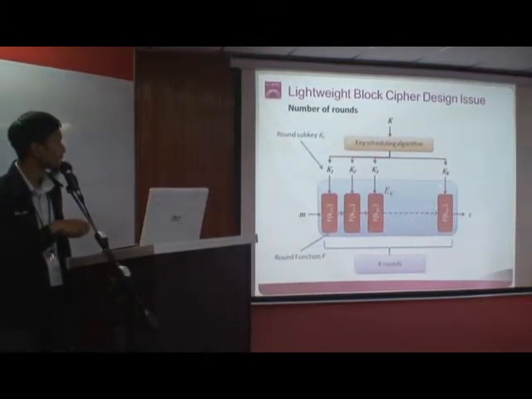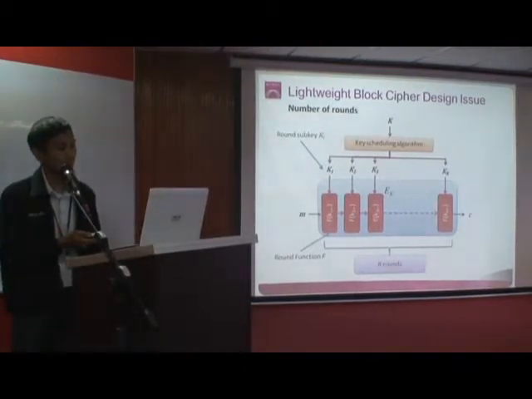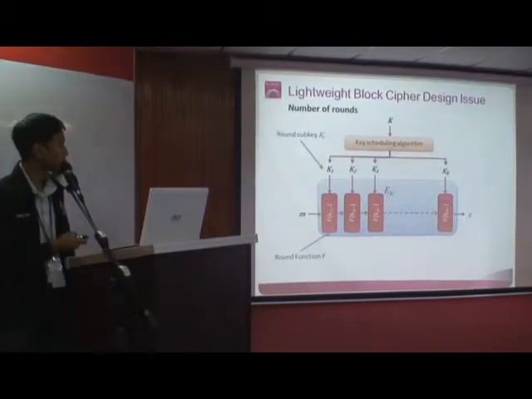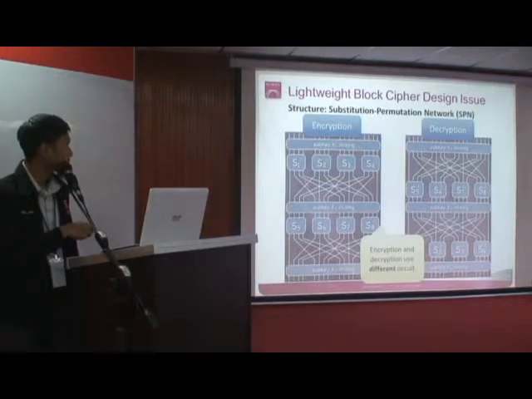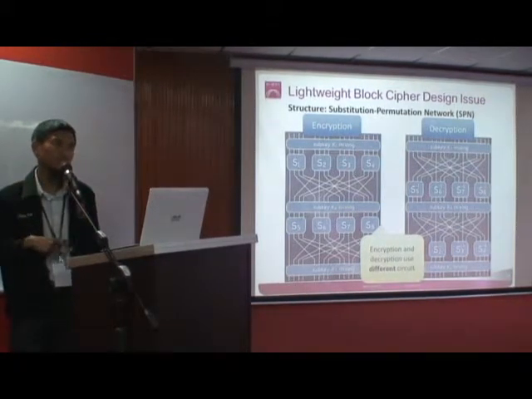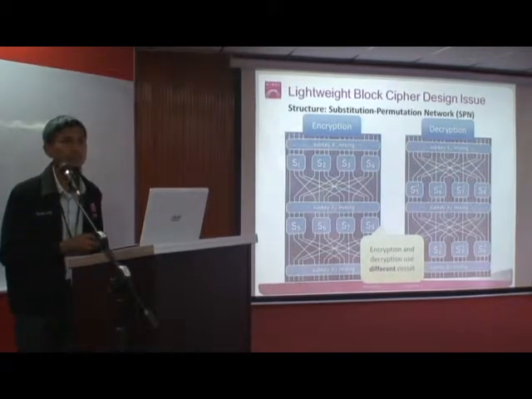You have R subkeys, so basically you have R rounds. Some ciphers have 2, 5, 6 rounds. It depends on what your round function looks like. If it's very weak, you need to repeat it many times. If it's already strong, then you don't need to repeat it as many times.